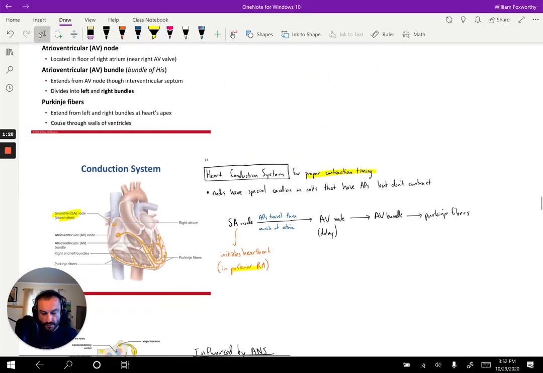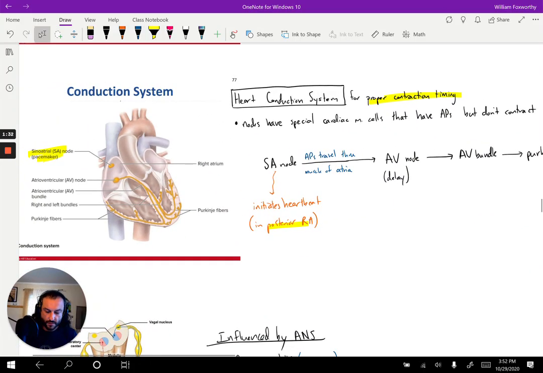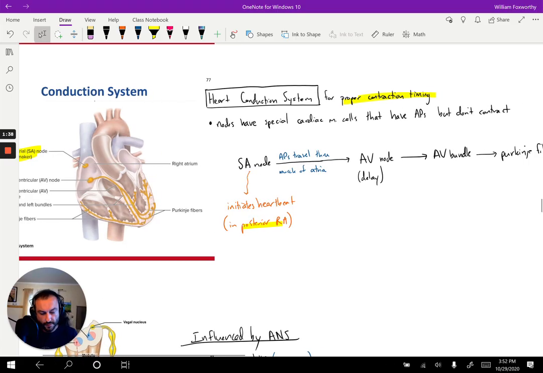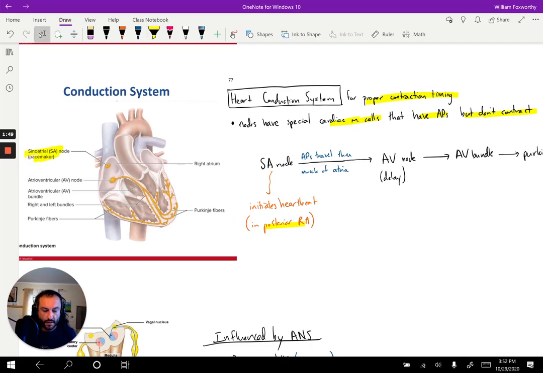The sinoatrial node has special cells which are autorhythmic, and so they spontaneously depolarize and fire action potentials. And these are special cardiac muscle cells that, although they have action potentials, they do not contract. So they are just conveying electrical activity. So again, electrical activity in your heart begins in the sinoatrial node.